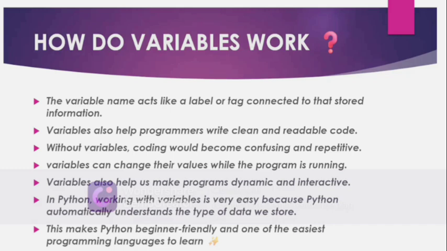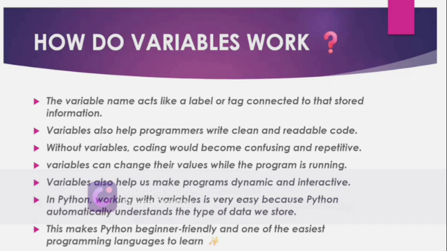Actually it is, because for example I stored the value 22333 in A, and in B I stored 4333. If it would not be stored, it would be so confusing to know what the value is, and I would have to repeat it. Variables can change their values while the program is running.